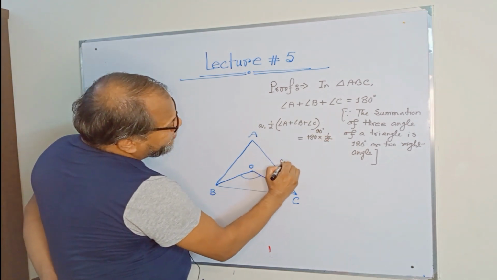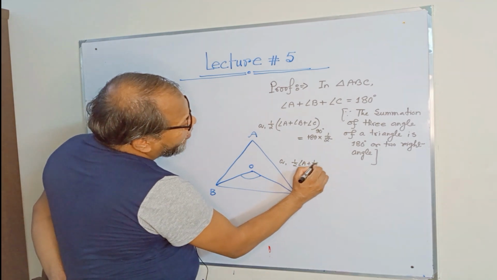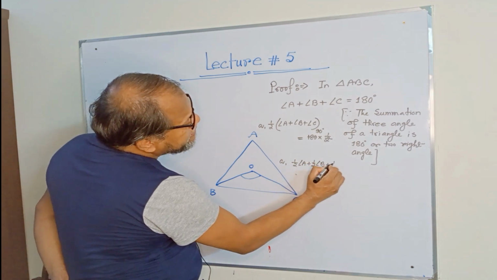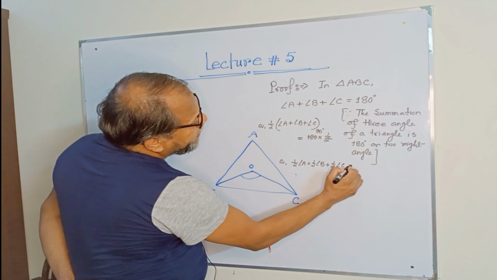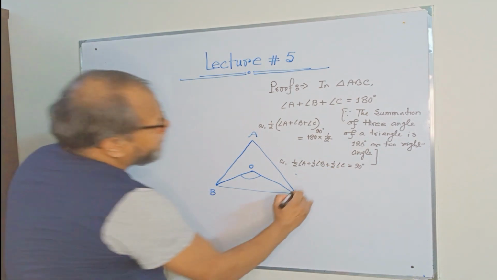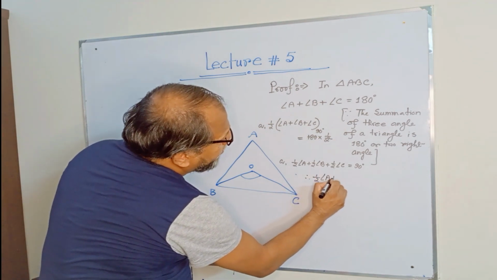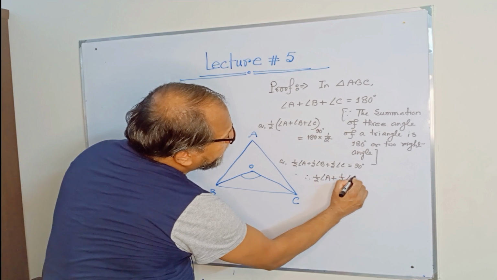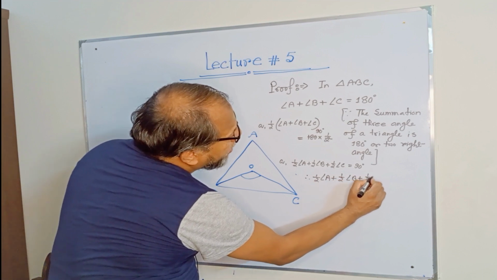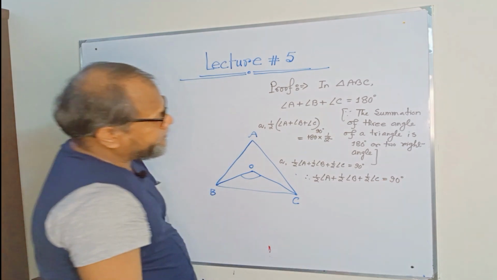So we can write down half A plus half of B plus half of C is equal to 90 degree.